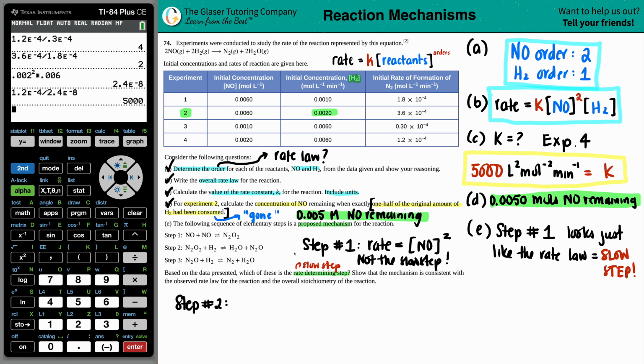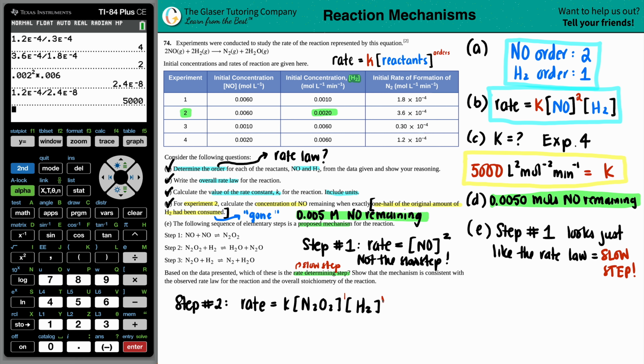Well, we will write down the general rate law. So the rate law we'll say is rate equals K times the concentration of those reactants, N2O2 times H2. And since we have an elementary step, we can use those coefficients.